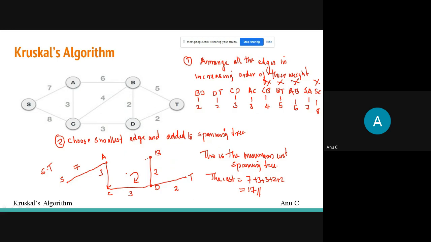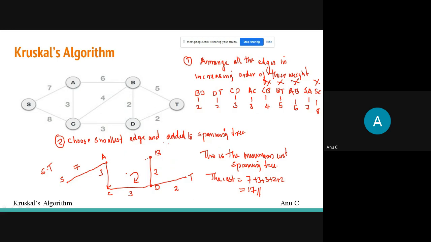Okay, so this is Kruskal's algorithm. So what are the steps? First, arrange all the edges in the graph in increasing order of the weight. Then second step, choose the smallest edge and add it to the spanning tree. If you are adding edges to the spanning tree, first check if it forms a cycle.